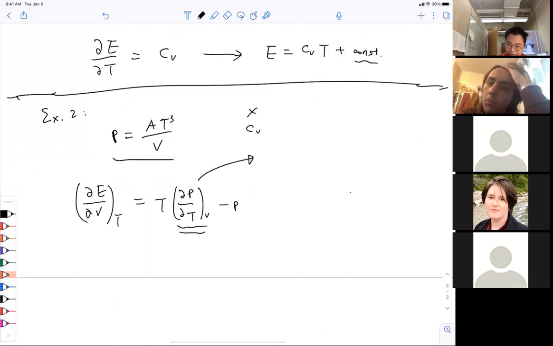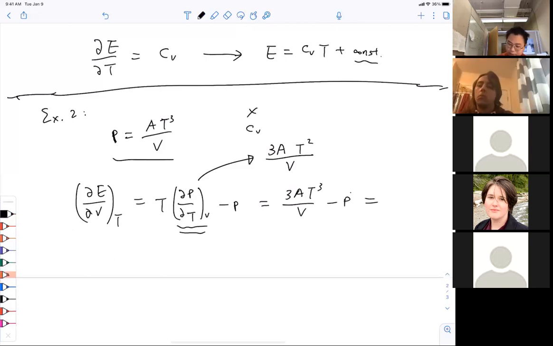So this is 3A T squared divided by V, and times T gives us 3A T cubed over V, minus P, and this P is A T cubed over V. So we have something like this.